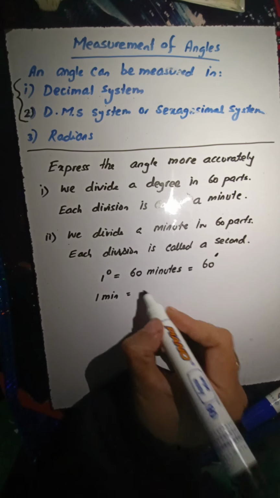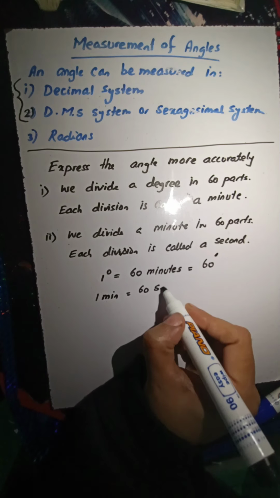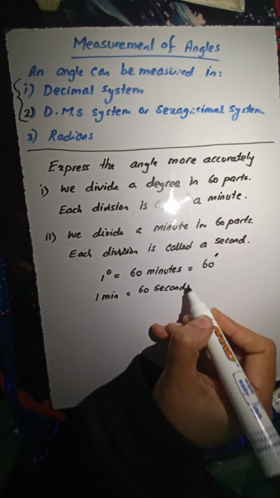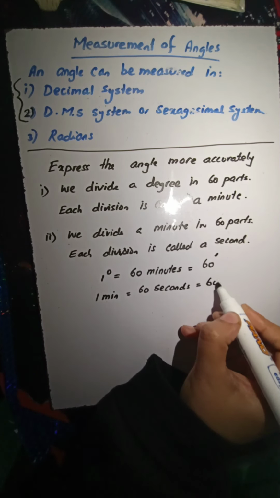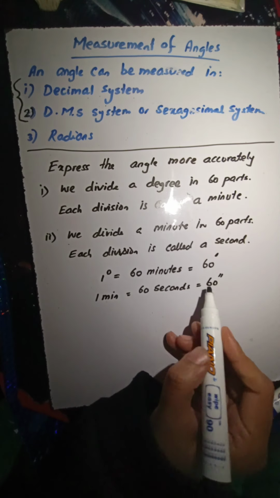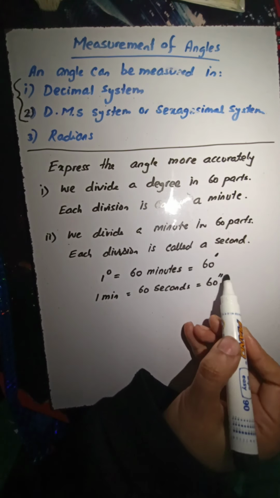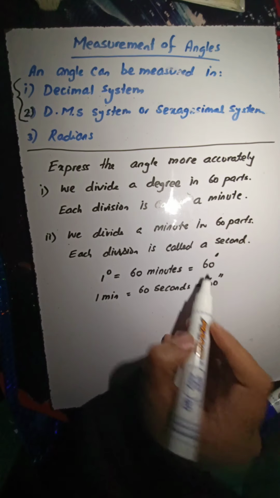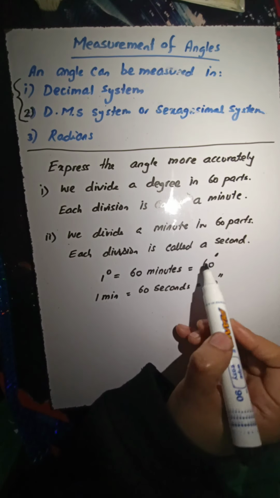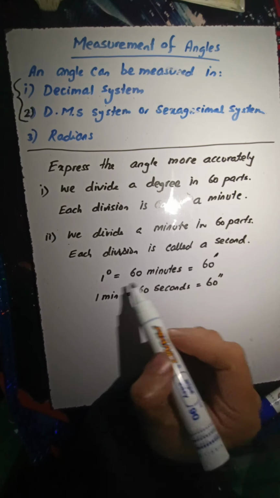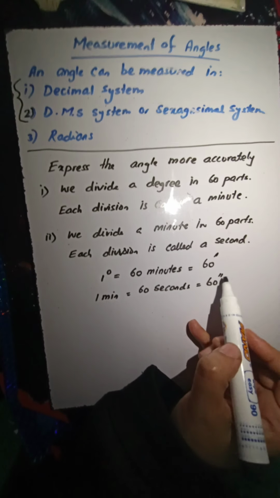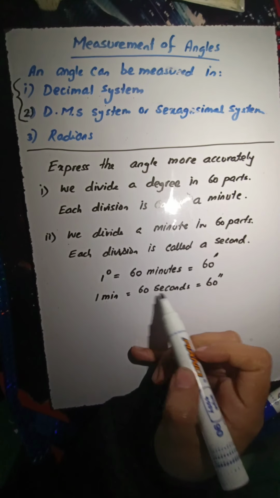And 1 minute is further divided into 60 seconds, written as 60 with a double slash. So 1 minute is equal to 60 seconds. We use primes: a single prime is used for minutes, and a double prime is used for seconds.